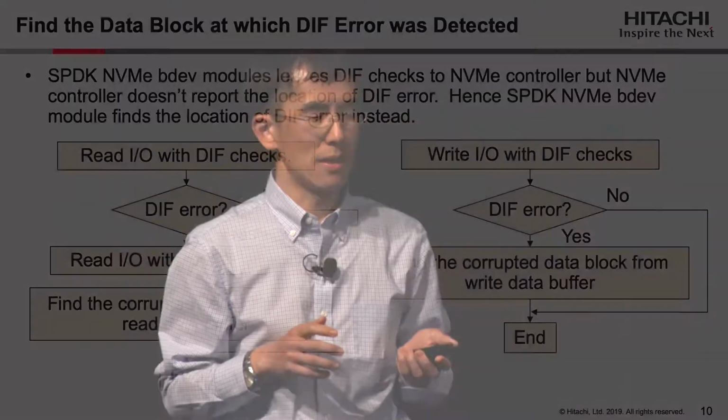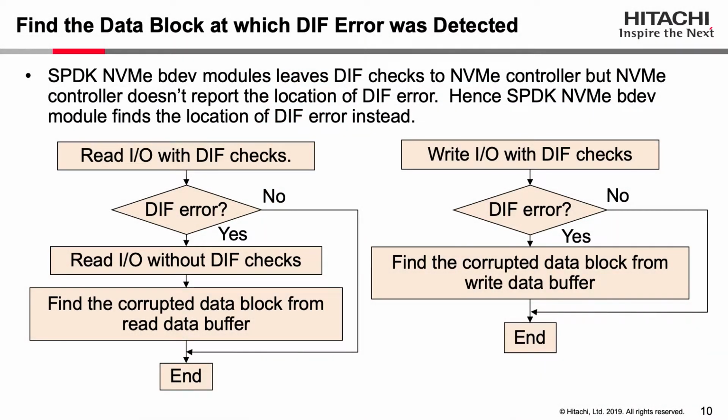So the left side explains how to do that for read I/O. At first, SPDK submits a read I/O with DIF checks enabled, and if the hardware reports a DIF error, it submits the same read I/O but without enabling DIF checks, to get the old data, including the corrupted data.